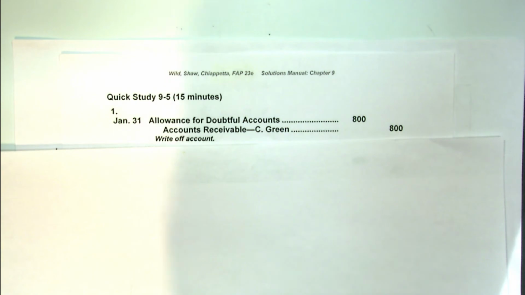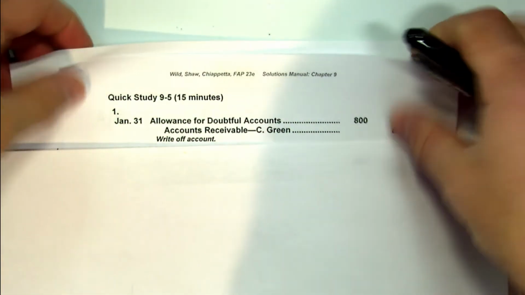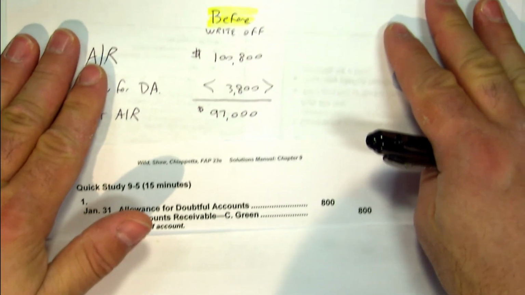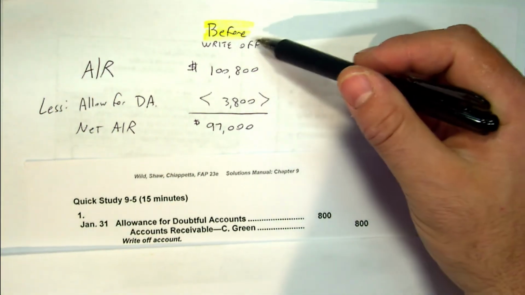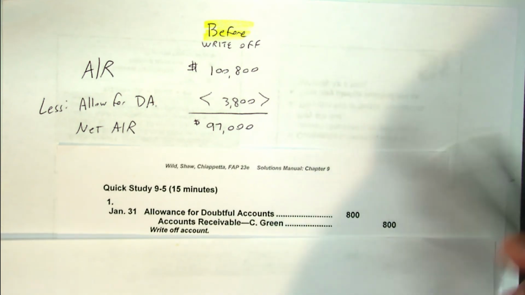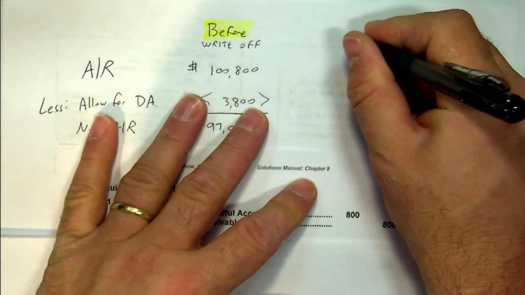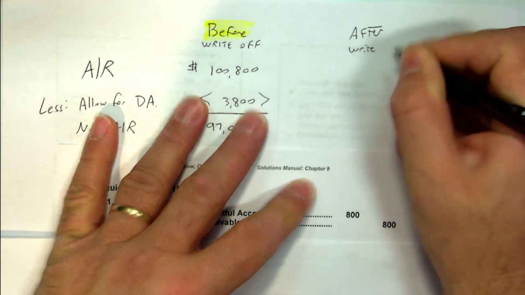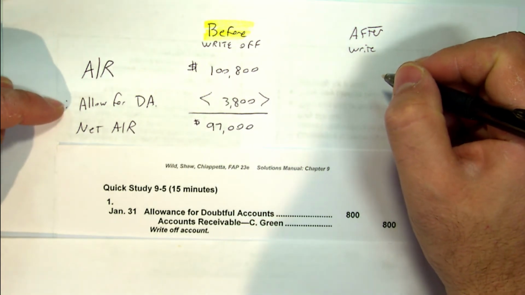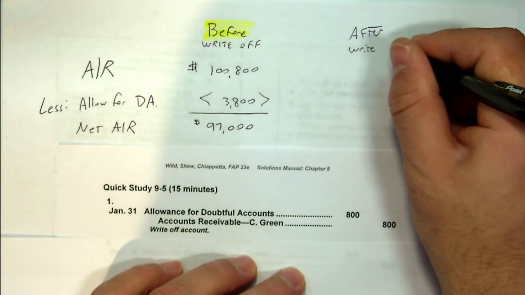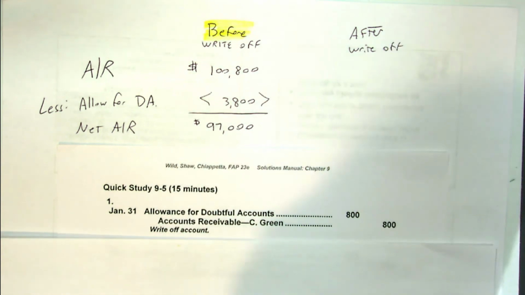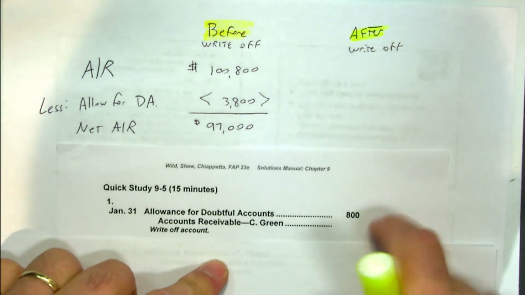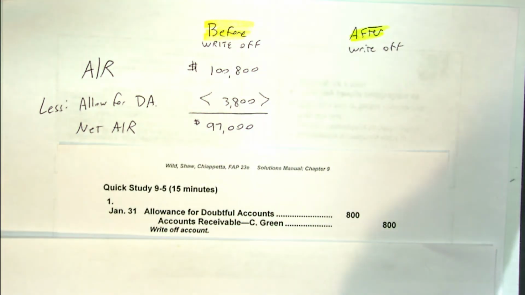Okay, what I want to do is, let's see if I can show this all together. I believe I can. This was before the write-off that we did down here, right? Now what I want to do is rewrite these amounts for AR, allowance, and net AR after the write-off, after we do this journal entry right here.